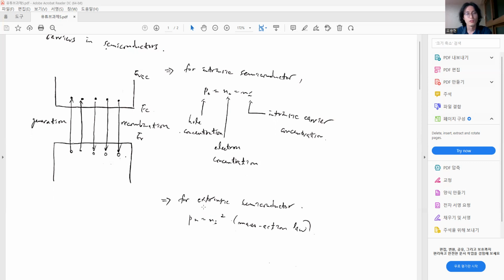So for the extrinsic semiconductors, the number of electrons in semiconductor is the geometric mean of the number of holes and number of free electrons. And this is called the mass action law.